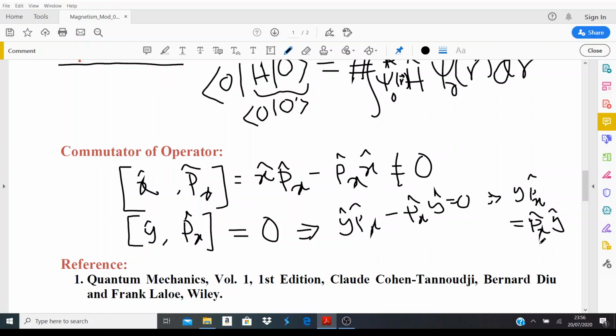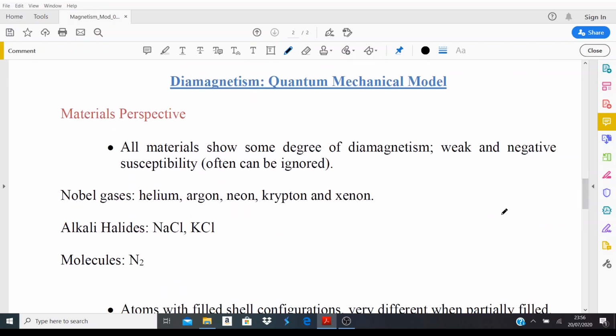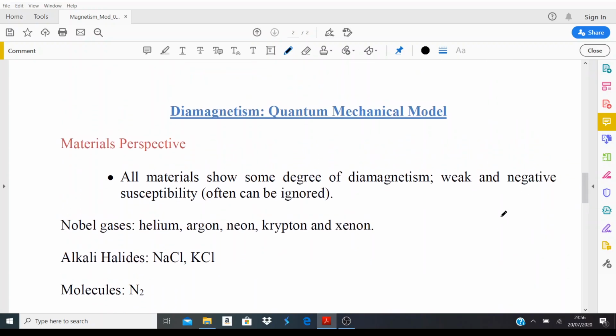And this basic concept once we have, now let us start our discussion on diamagnetism using a different approach from the classical one, right? And my plan here is to start from the materials perspective, right?